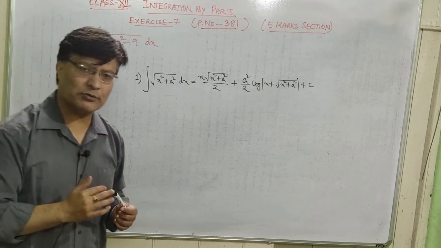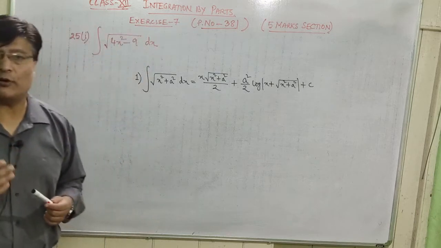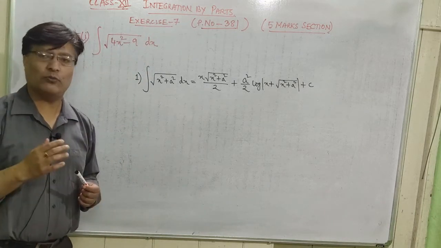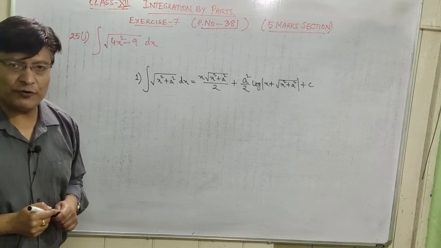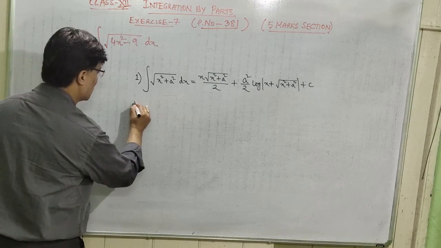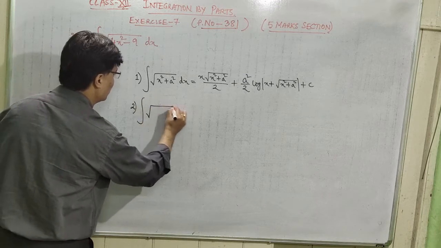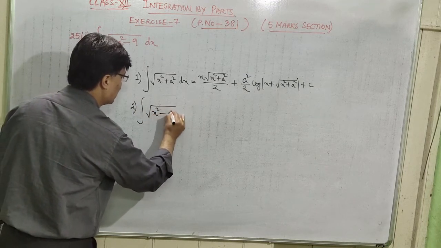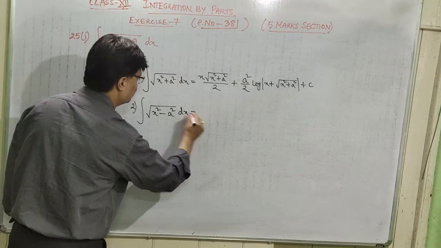I already told you about it, and we have done the proof for this formula also. Number 2 is the integral of root over x square minus a square dx.